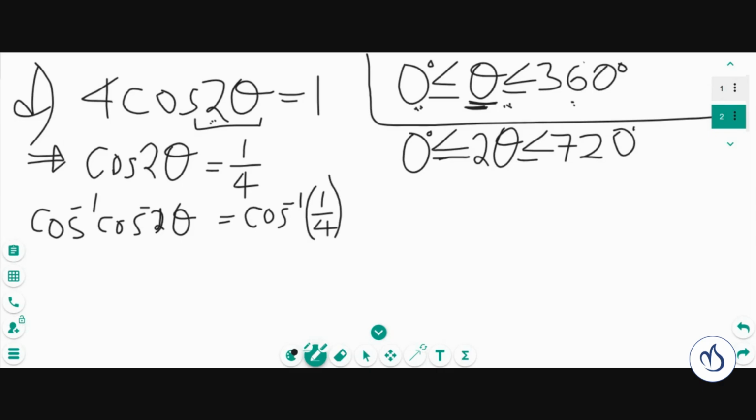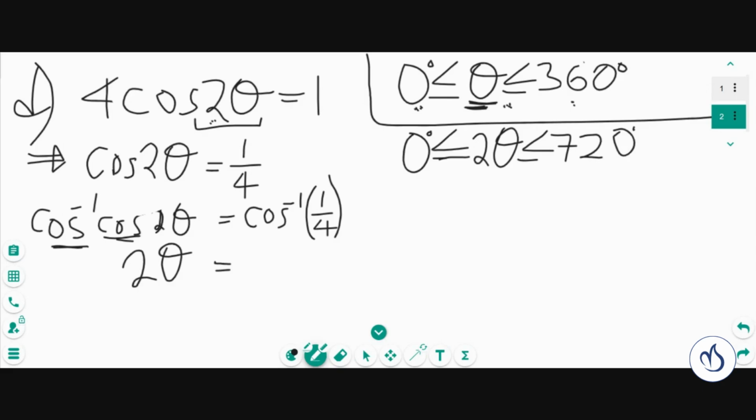Now, finding cos inverse, they will cancel out, and I'll remain with 2 theta only. I have 2 theta, which is equal to the cos inverse of a quarter.